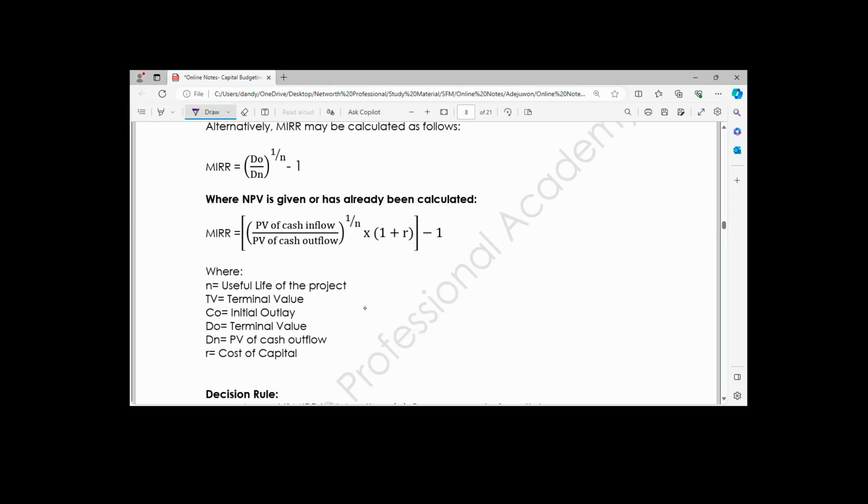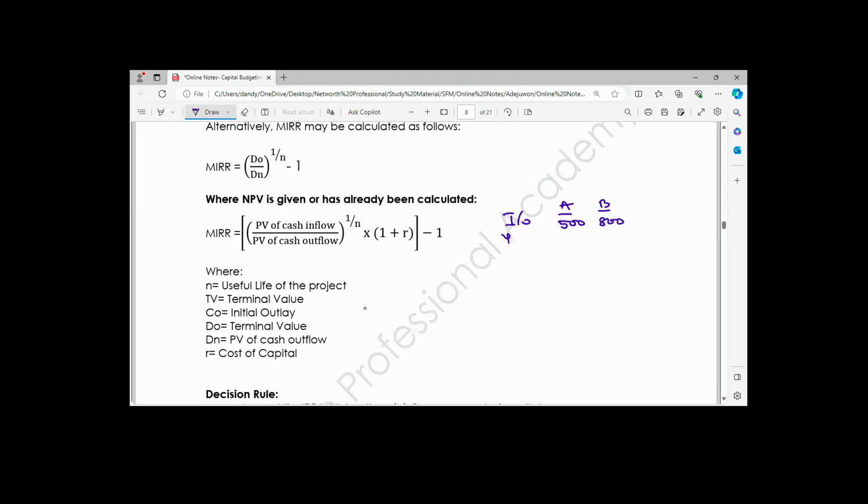Now, say you have project A, you also have project B. The initial outlay of project A, say, is 500 million naira. Initial outlay of project B is 800 million naira.